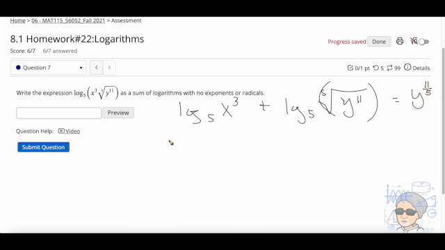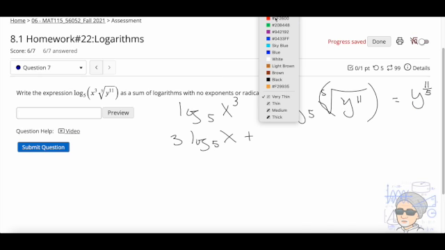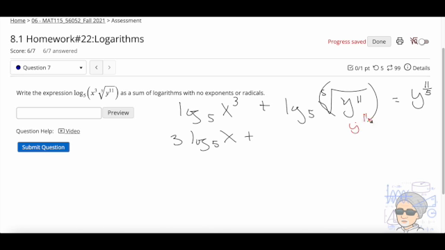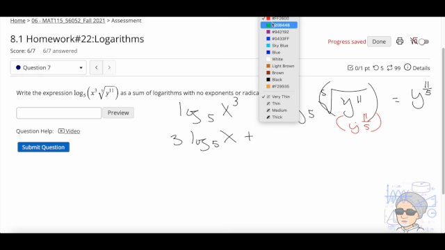So that becomes that. So now you have what you need to do. We're going to power rule this right away. 3 log base 5 of x plus this. And we're going to power rule that too, because, you know, it would have been here anyway, right? It would have been like y to the 11 over 5. And we're just going to power rule that thing and put in the piece that we need to have there.